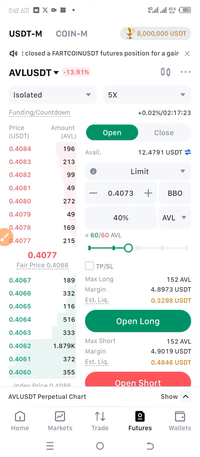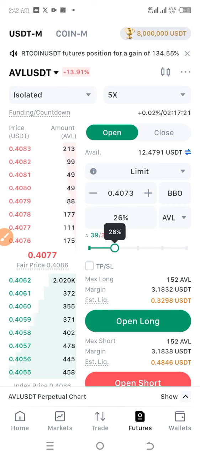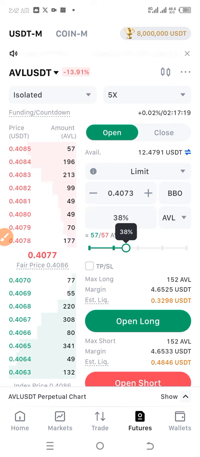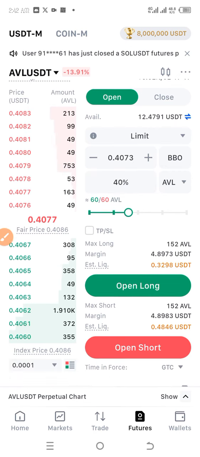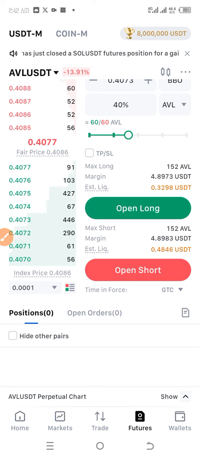And also for your entering level, just set it like 40% or 35%, and immediately the coin is listed on perpetual, once you set your settings like this, just click on short, and you will notice that the coin is going to draw down. No matter how high the coin goes, every coin has a drawdown.